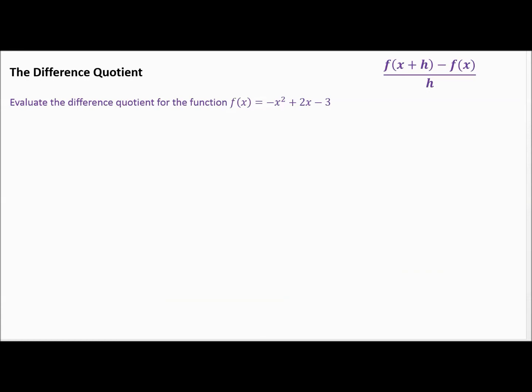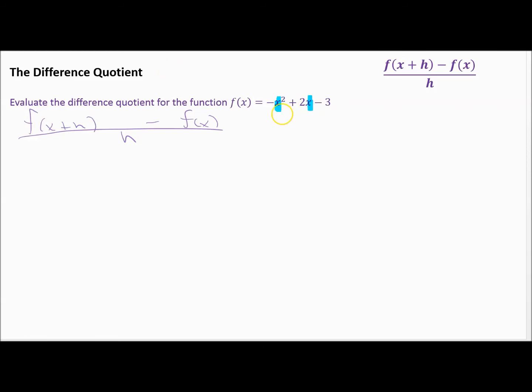So for the last example, for the difference quotient, we have a polynomial. Notice it's got 3 terms, so this one, the algebra will be a little bit involved. I'm going to rewrite my difference quotient just to remind myself what I'm doing. Don't forget all divided by h. Some people forget that h. Now f of x plus h means plug in an x plus h everywhere there's an x. Well, notice I've got 2 x's in my problem.